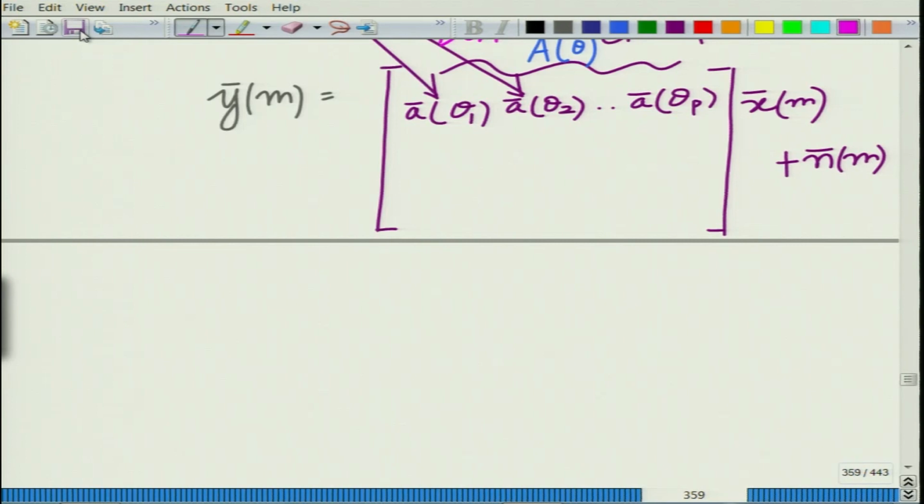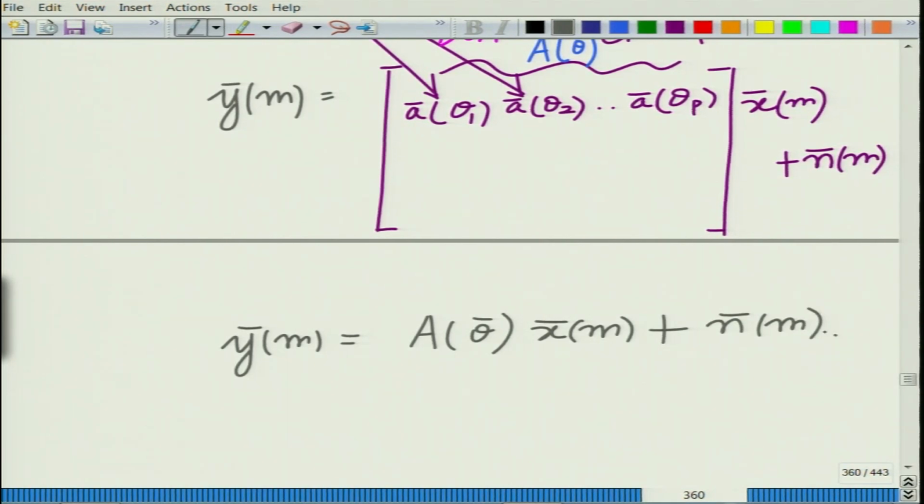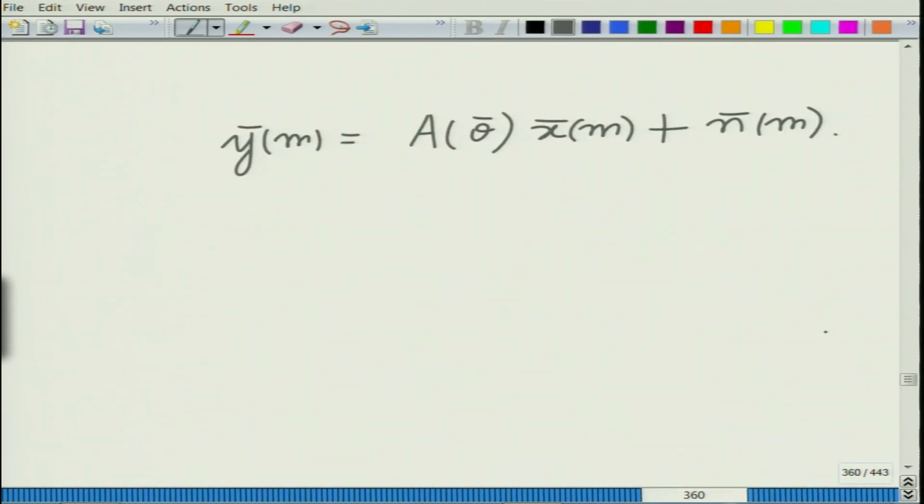Okay. So, essentially we have y bar of m, which, as we have seen above, you can write as A theta bar times x bar of m plus n bar of m, and now I can estimate the output covariance.